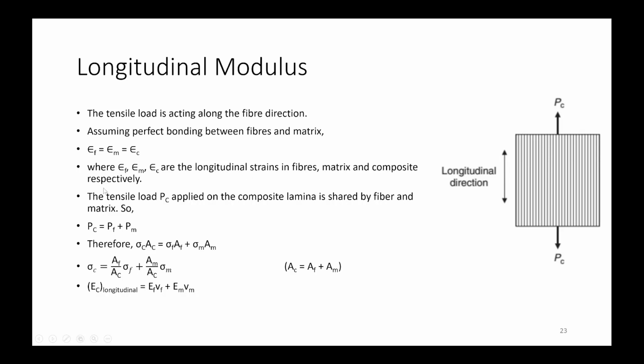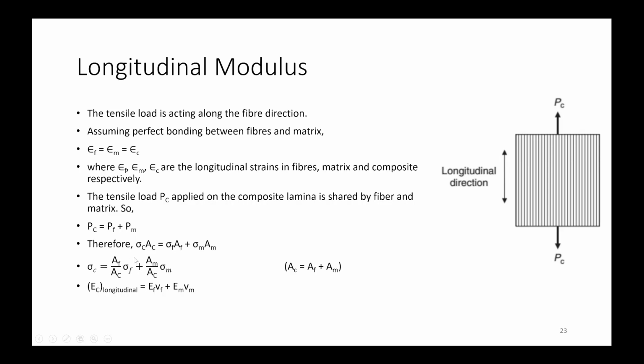Now, the tensile load PC applied on the composite lamina is shared by fiber and matrix. So PC will be equal to PF plus PM, and load we can write in terms of stress times area. So sigma C AC equals sigma F AF plus sigma M AM.